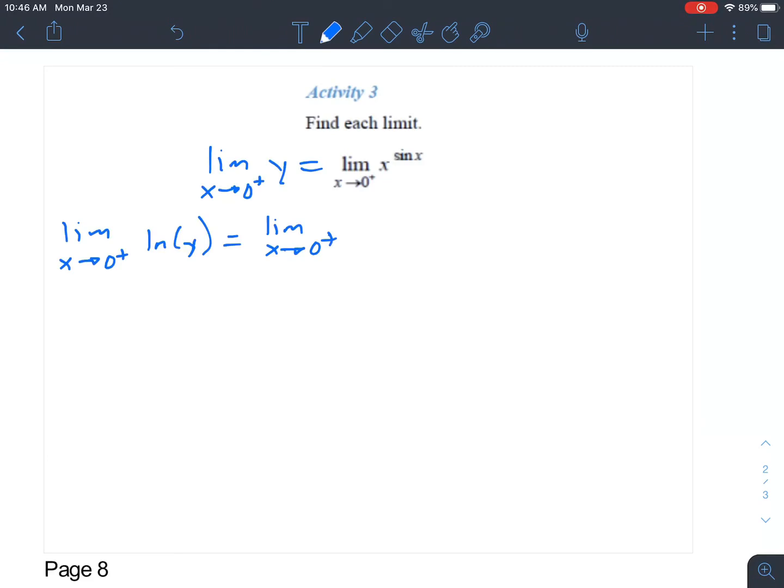And we are going to get natural log of x to the sine of x power. Like usual, let's take the exponent and move it in front. Sine of x times the natural log of x.